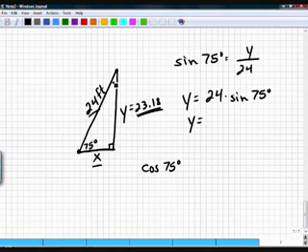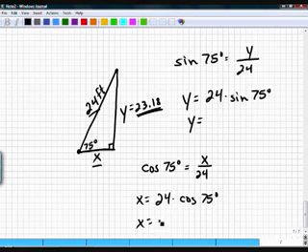Yes, you could use sine and 15 up here. You can use either one. It's going to come out the same answer. Cosine of 75 is adjacent over hypotenuse, so x is 24 times cosine of 75 degrees. So how far out is it? 6.2 feet.